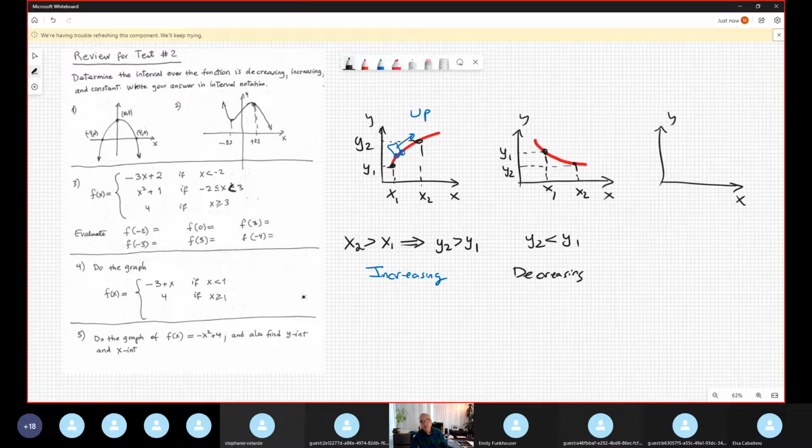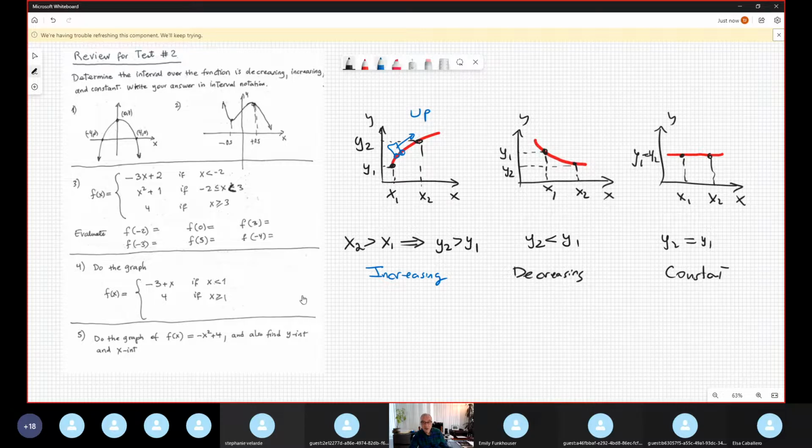Another possibility is to be constant. To be constant is when it's totally flat, when it's a horizontal line, in one interval, not always, but maybe in one interval it's flat. And when you pick two different x values, x1, x2, the y value is the same: y1 is equal to y2, specifically in this interval, and it's a constant function.